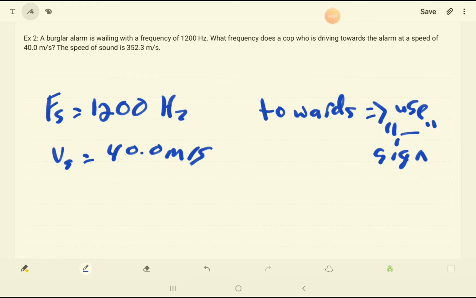The speed of sound, it says here, is 352.3 meters per second. It wants to know what frequency does the cop hear?